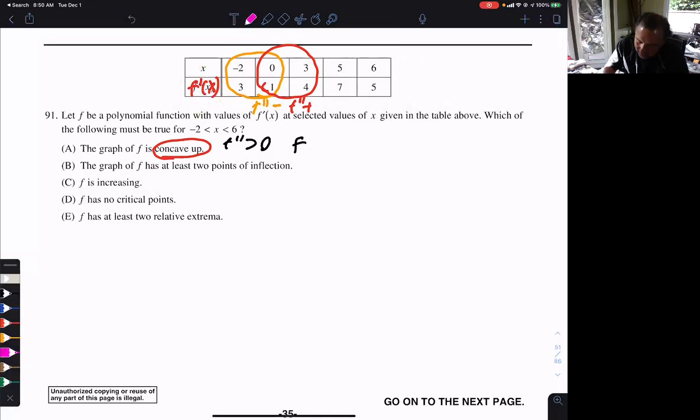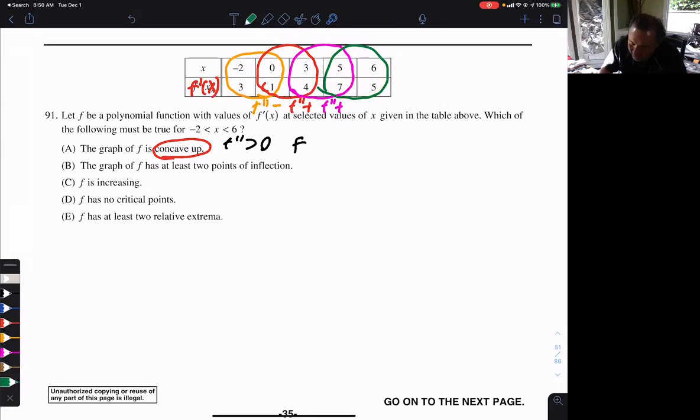We're going to continue down the line. Let's look at these two. Well, if you take the average rate of change, it's going to be positive again, because 7 minus 4 is positive. Therefore, by the mean value theorem, there's got to be a place where the second derivative is positive. Now, it could be negative at points. We don't know that, but this is what we're guaranteed. And then we're going to look at the last interval, these two. If you look at the slope, it's going to be negative, because 5 minus 7 is negative. f of b minus f of a is going to be negative.